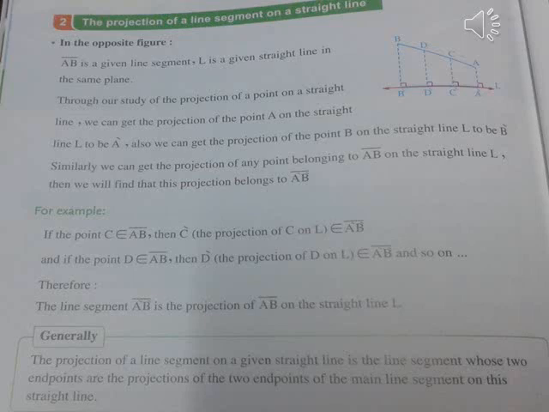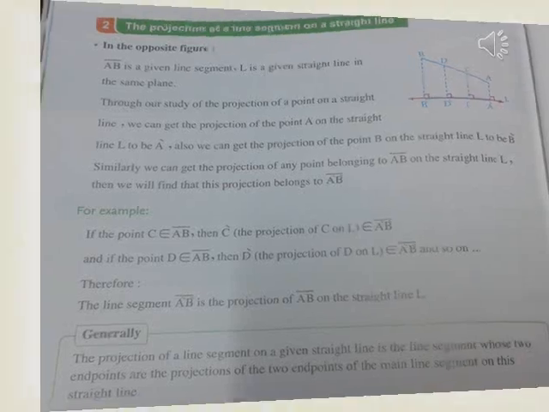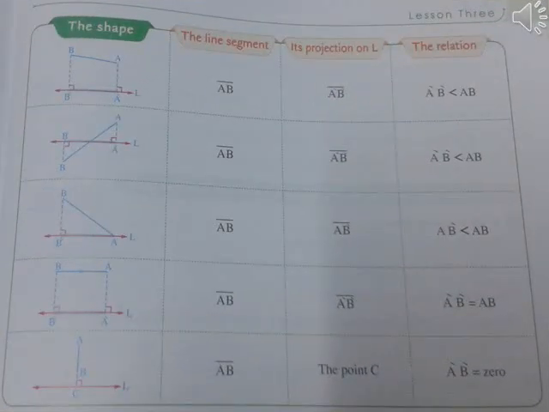Generally, the projection of a line segment on a given straight line is the line segment whose two endpoints are the projections of the two endpoints of the main line segment on this straight line. Dear student, look at the shape and notice how to obtain the projection of the line segment.